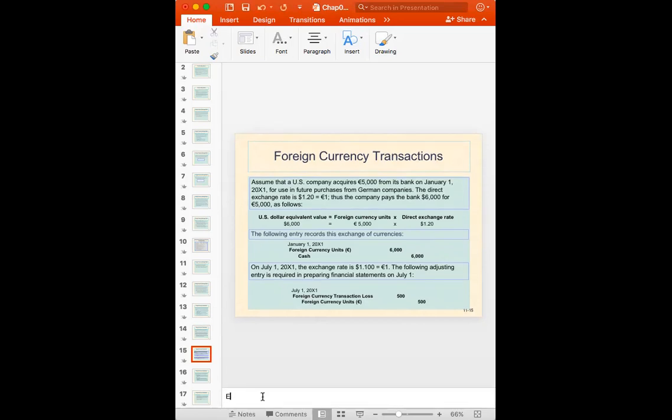The equivalent dollar value of the 5,000 euro on January 1 is 5,000 euro times 1.20, which becomes 6,000.